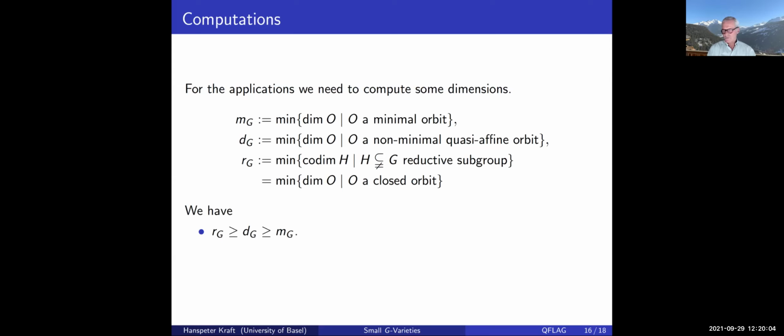First of all, as we already know, rg is already smaller than dg by definition, and dg is always greater or equal to mg. So that's obvious.